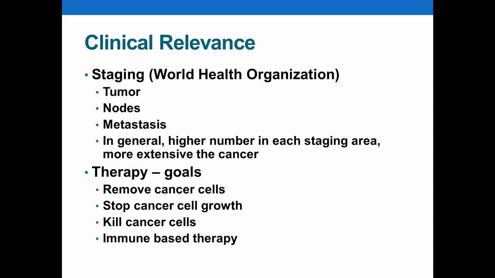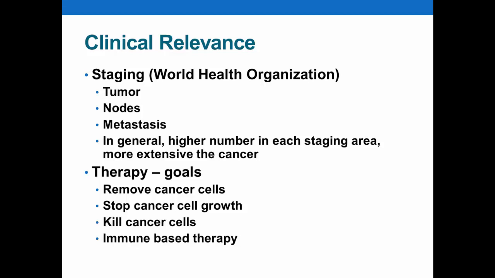Other cancers, like a leukemia, we have no way of surgically removing. The second way that we accomplish therapy is to stop the cancer cell growth. In order to do that, we may be able to starve them of nutrients and stop the angiogenesis, and some of our cancer chemotherapies are dedicated to exactly that.